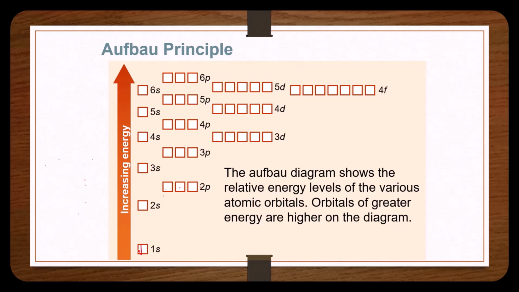So what this is saying is, once you have orbitals of the same energy level, they're degenerate. And what Hund's rule is saying is the electrons need to fill the orbitals with the same spin one box at a time.